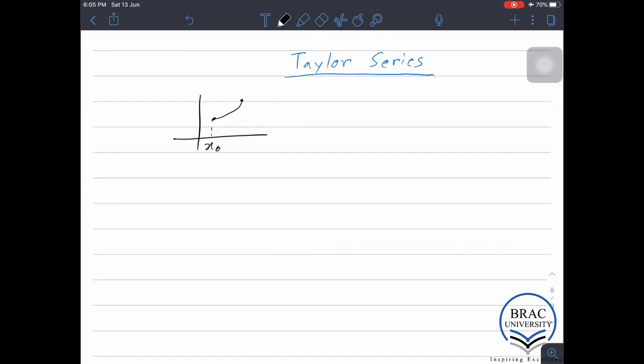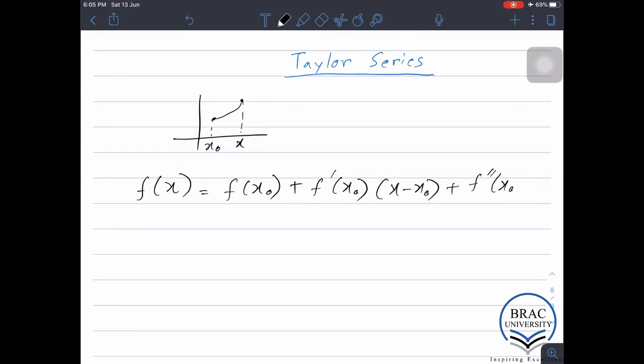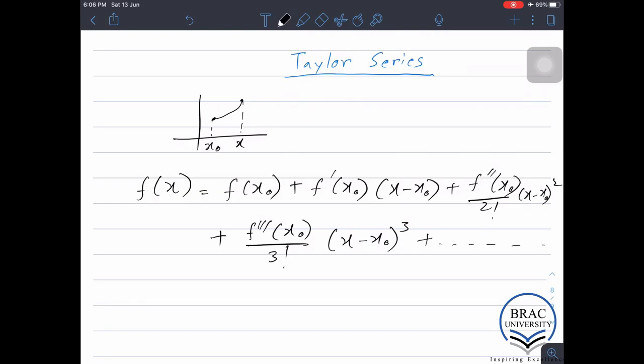Okay, if this is x0, this is x, we calculated that, and what we saw is that f of x can be written as f of x0 plus f prime of x0 times (x minus x0) plus f double prime of x0 by 2 factorial times (x minus x0) whole square plus f triple prime of x0 by 3 factorial times (x minus x0) whole cube, and it keeps on going. It's an infinite series, right?